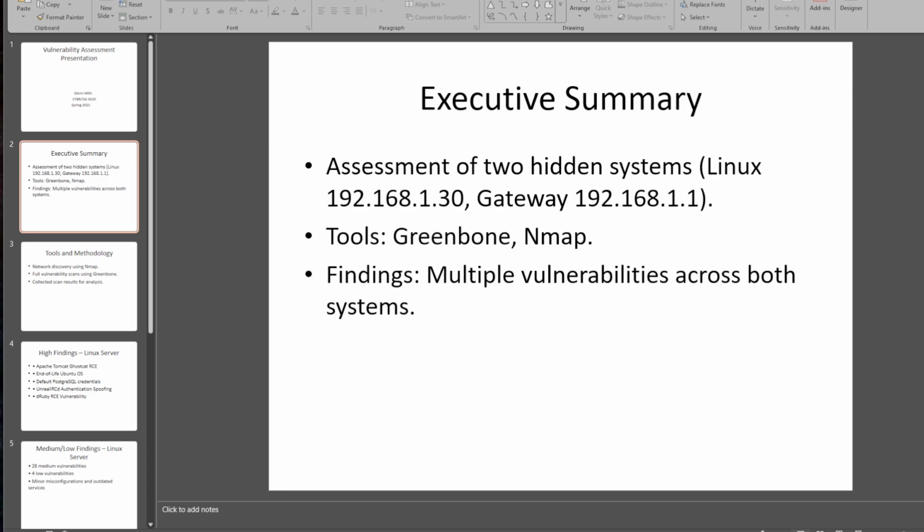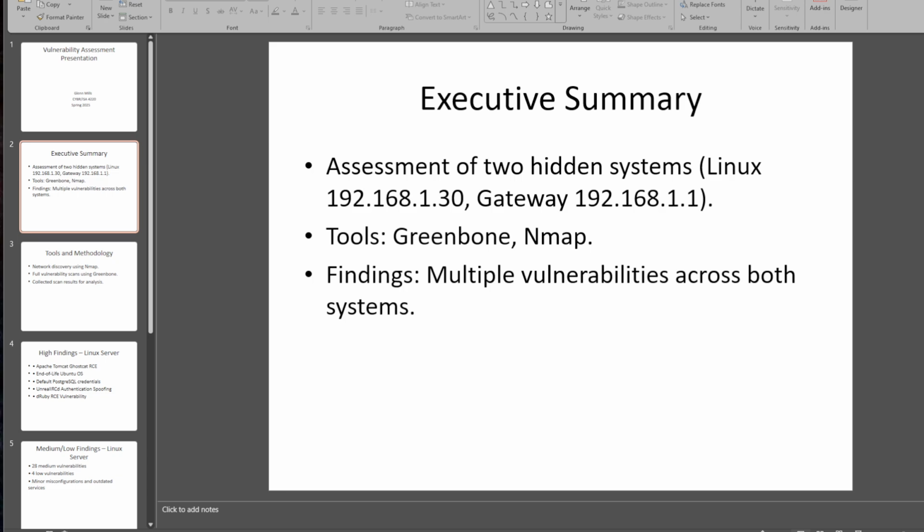That came up with, I remember, 5 machines. We had a .20, a .5, and a .250, which the .250 was our Kali. The .5 was our Windows or our Linux, one of those two. With that scan, I had 5 results.